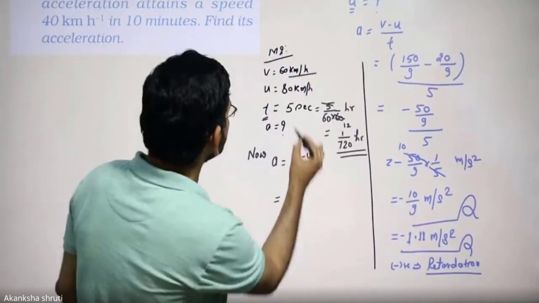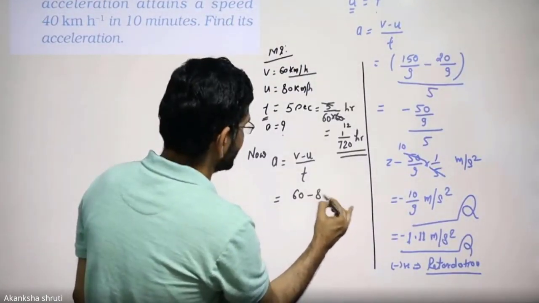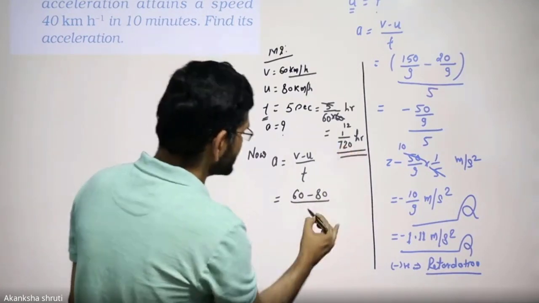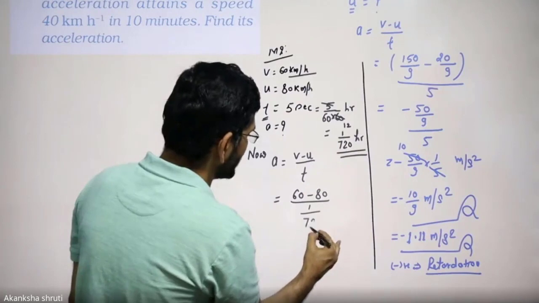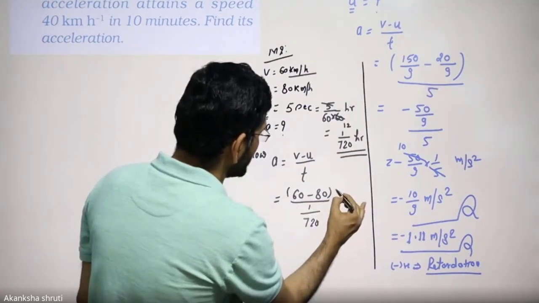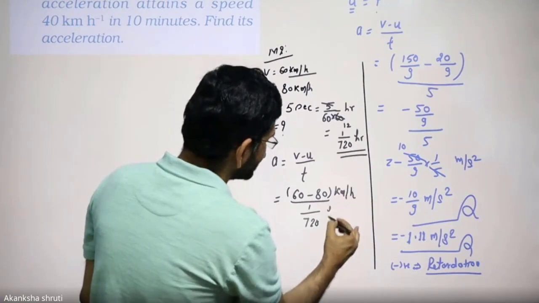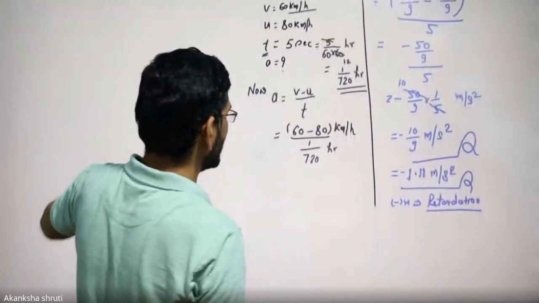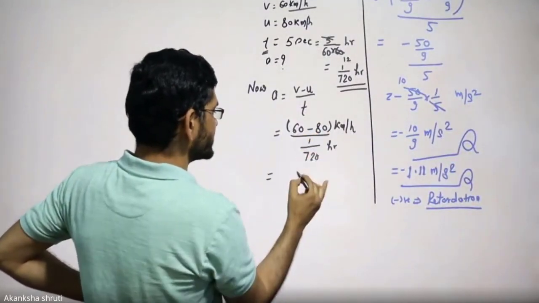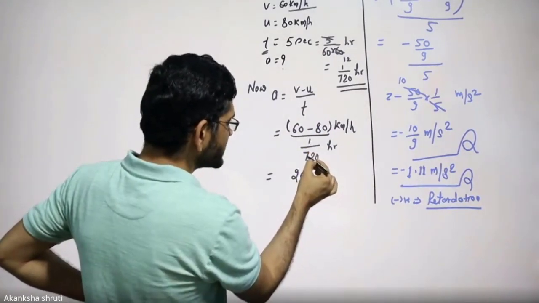So let us substitute. V is our 60 minus 80 divided by our t. Keep in mind, student, it is 1 by 720. If you wish, you may carry the unit also. It was our kilometer per hour, and this is our hour. Students, do it carefully. 60 minus 80 is our minus 20, but this is 1 by 720.